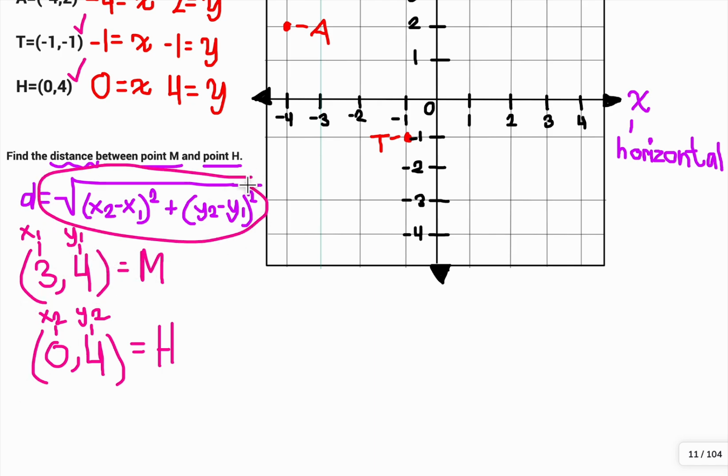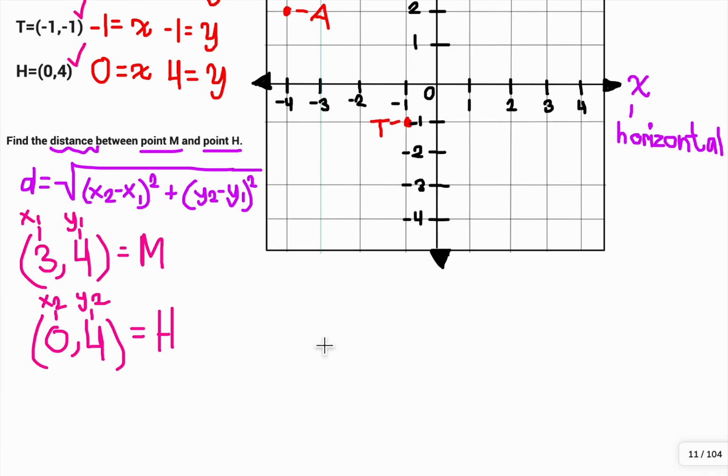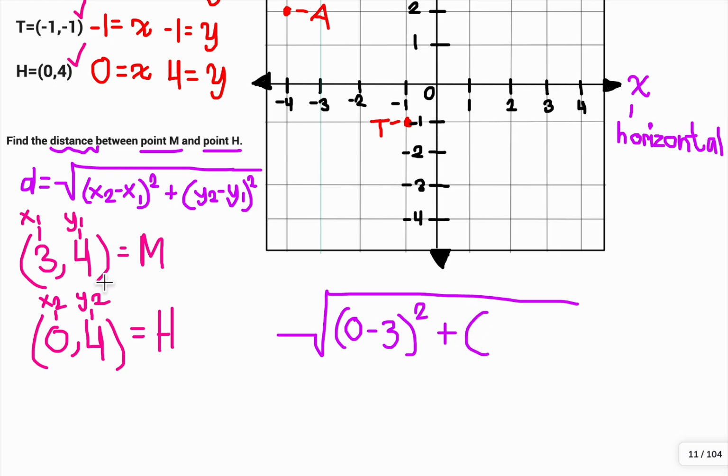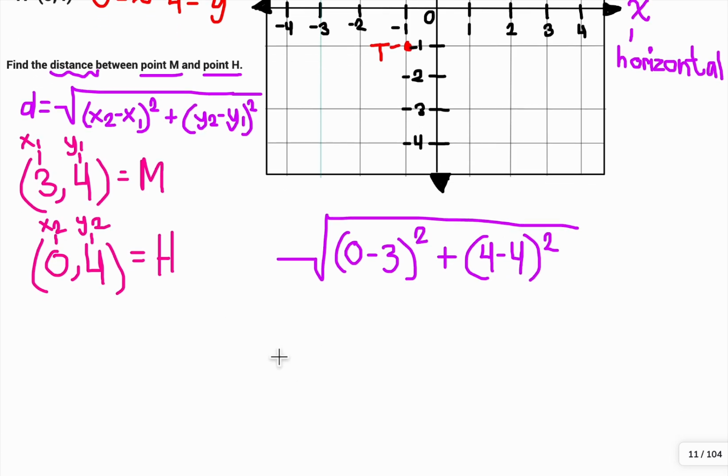So now all we have to do is take these numbers and plug them into our formula to figure out our distance. We've got x2, that is 0, minus x1, that is 3, and we square that, and then we add a plus sign, and then parentheses, we have y2, 4, minus y1, that is 4, and we square that.